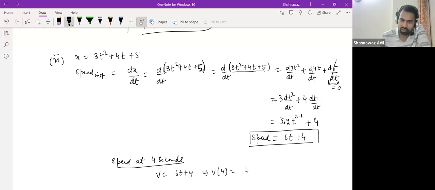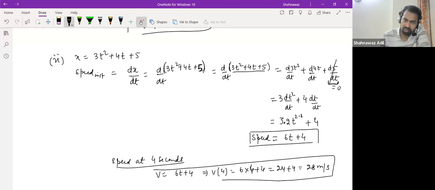So this would be 6 into 4 plus 4, which is 24 plus 4, which is 28 meter per second. So this is the instantaneous speed at t equals 4 seconds. Is there any doubt, guys?